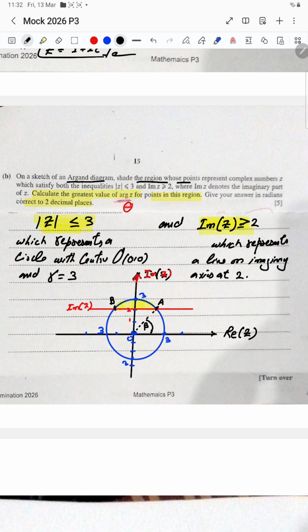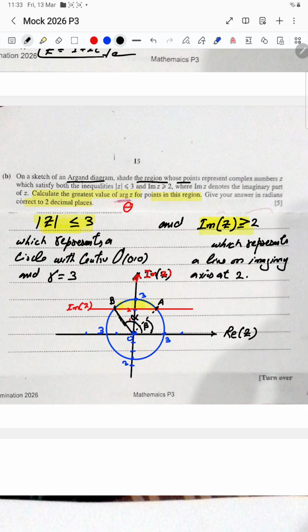But they ask for the largest or greatest value of argument z. Greatest will be here. This will be the greatest value, and suppose from here to here is alpha, angle alpha. I have to calculate this one.